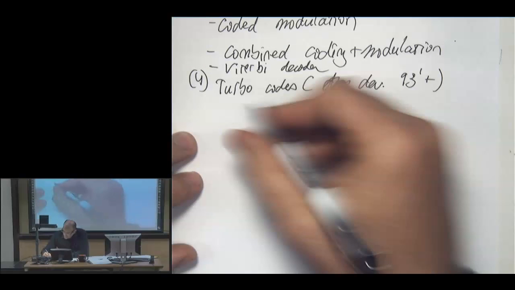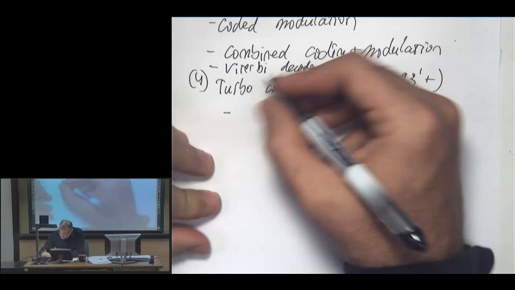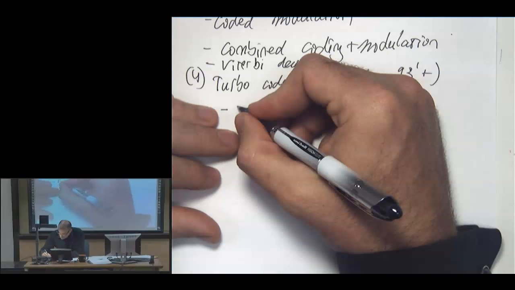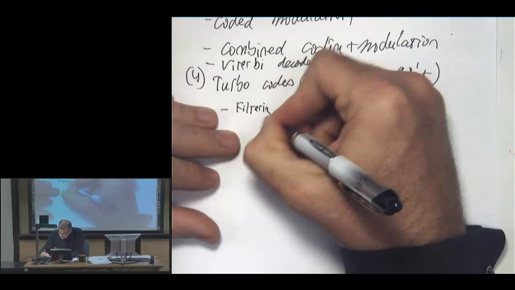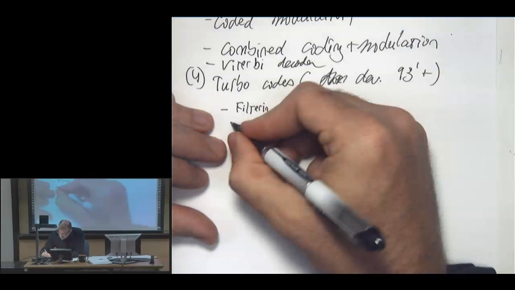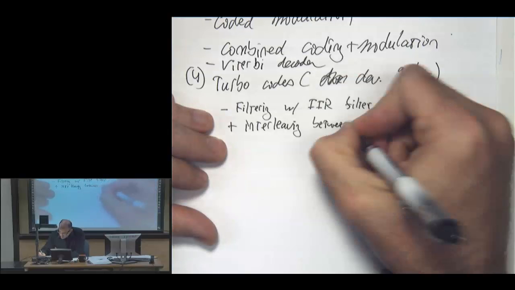It's actually just sort of a miraculously cool idea that has a couple different cute features, but to me, it's a tricky extension of convolutional coding. So it involves filtering with an IIR instead of an FIR filter, plus interleaving between the branches.